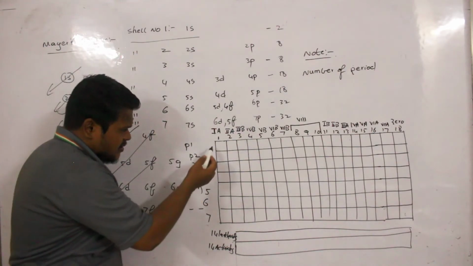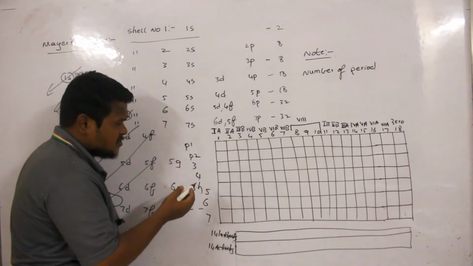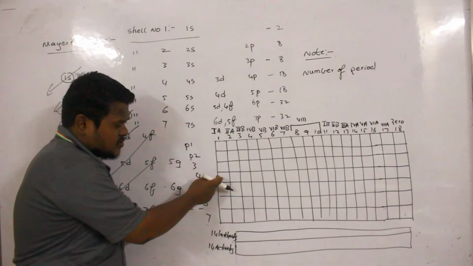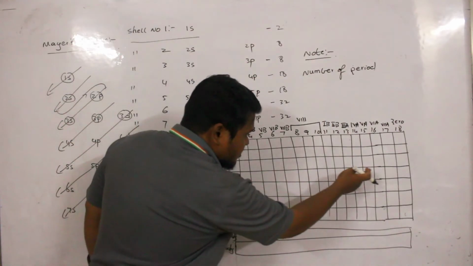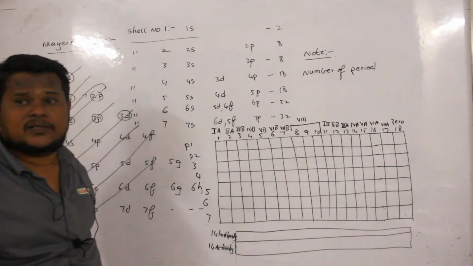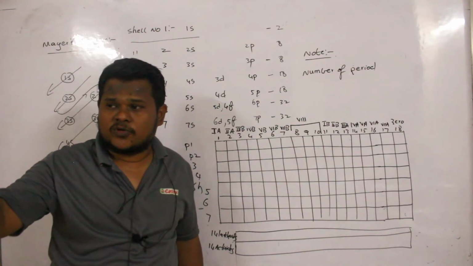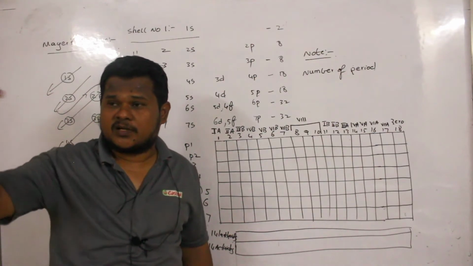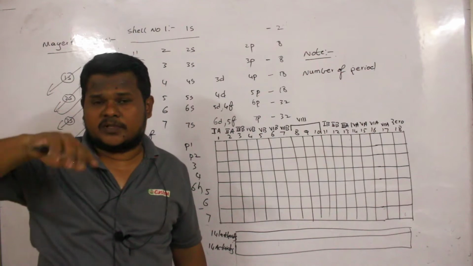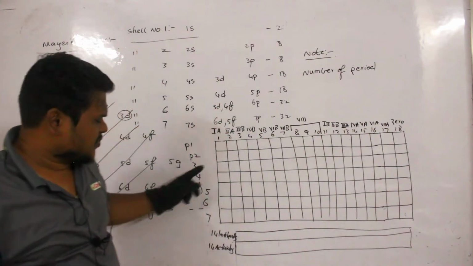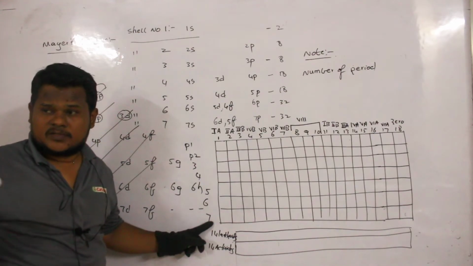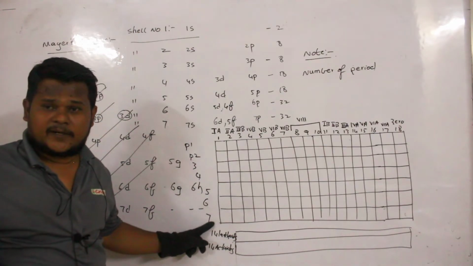For example, take the fourth period: 1, 2, 3, this is the fourth period. All the elements in this particular period have how many shells? They have only 4 shells. That is the meaning. 4 orbits, or you can say first orbit, second orbit, third orbit and fourth orbit. Do you understand what I am saying? For example, what does period number 7 indicate? 7 shells.